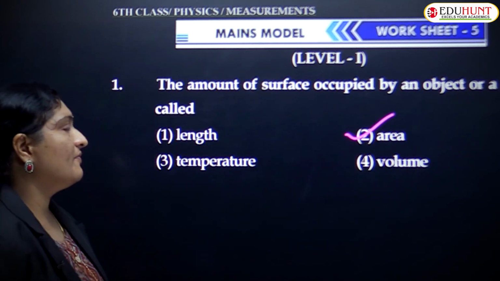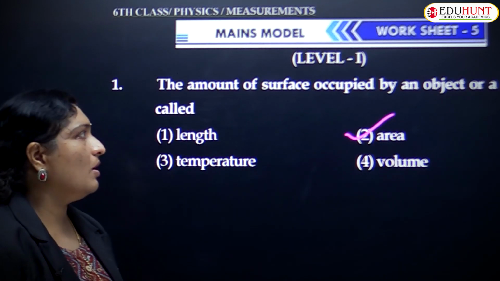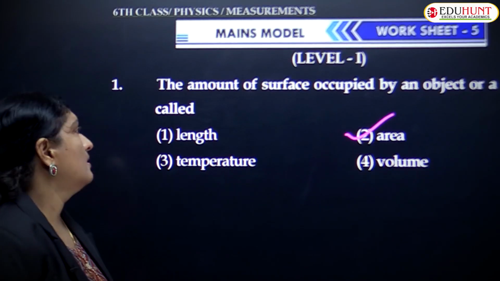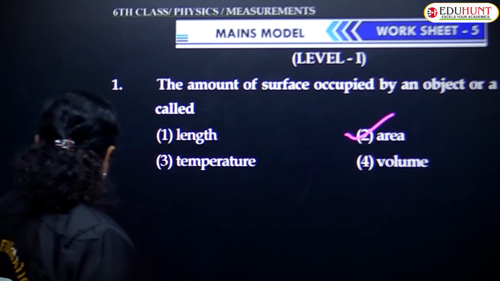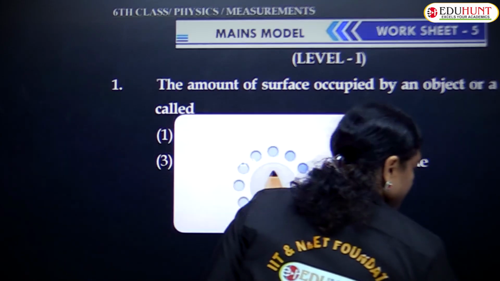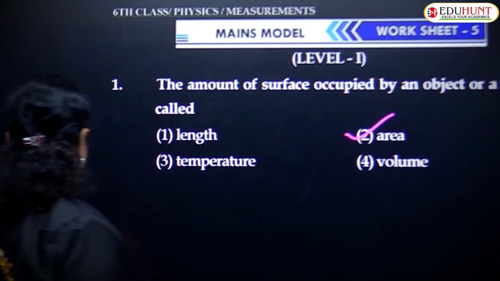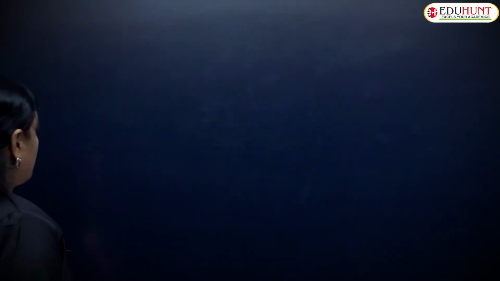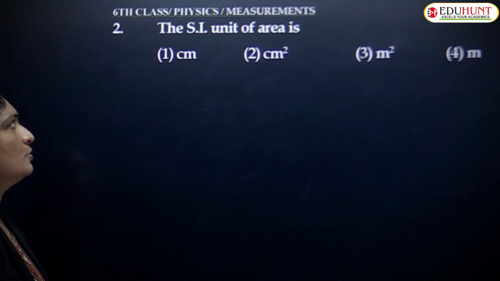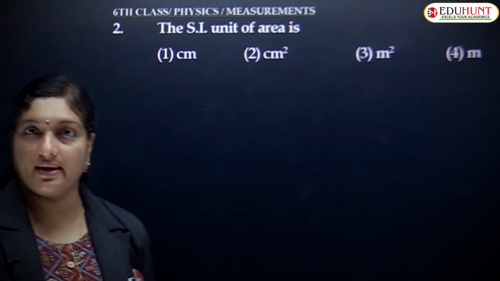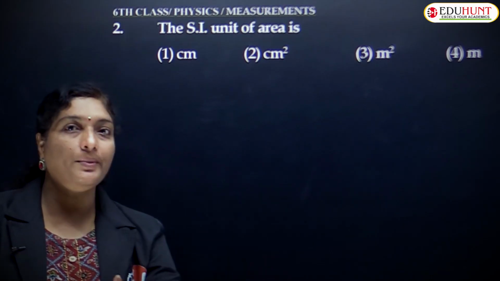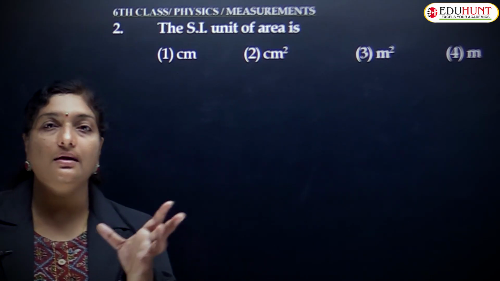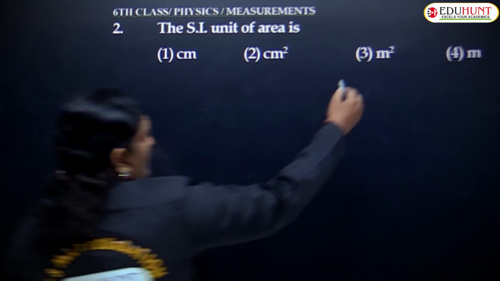The amount of surface occupied by an object or a place is called area. It is not length, not temperature, nor volume. Next, numerical number 2. The SI unit of area. What is the SI unit of area? Meter into meter, I told you, that is meter square. So, this one.